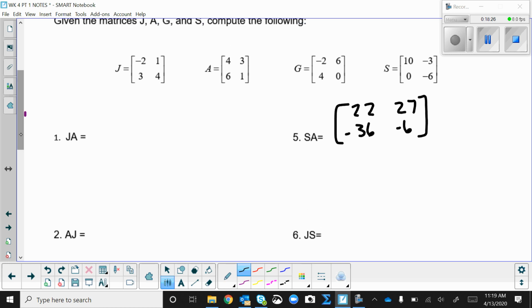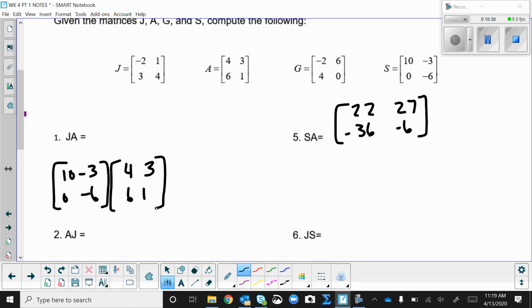So S is 10, 0, -3, -6 times A, which is 4, 3, 6, 1. Remember, the order matters, so it has to be S written on the left and A written on the right. Just to model this for you again, for the repetition, 2 by 2, you're comparing if these 2 numbers are the same, and they are, so therefore we can go forward with our multiplication.